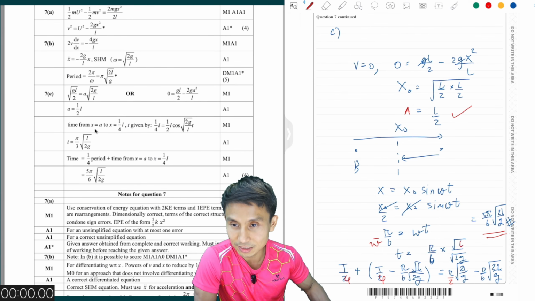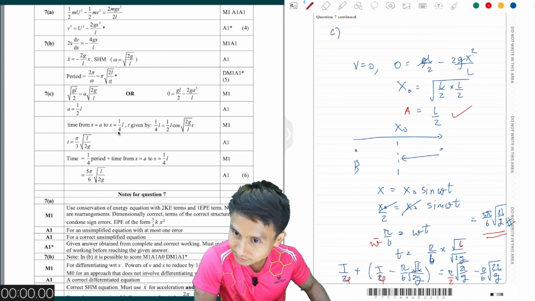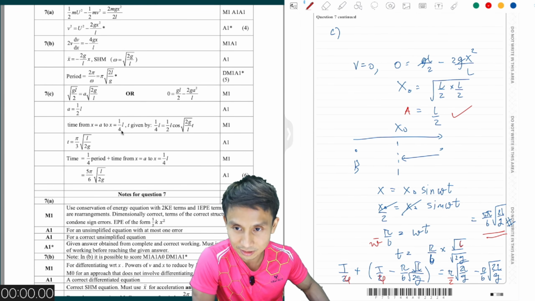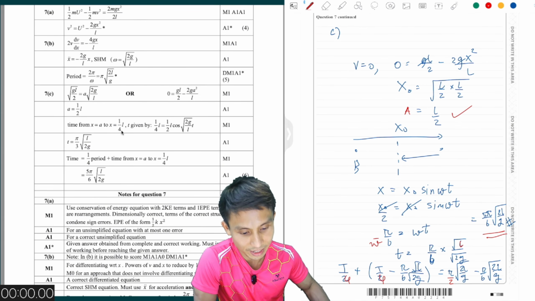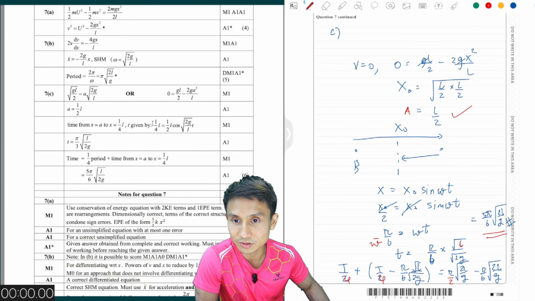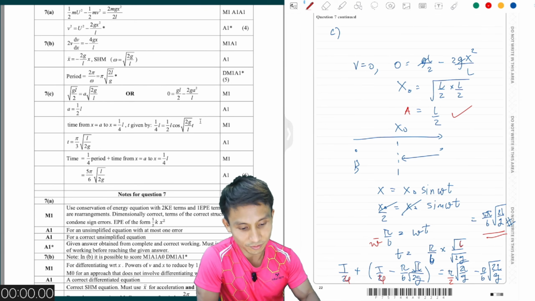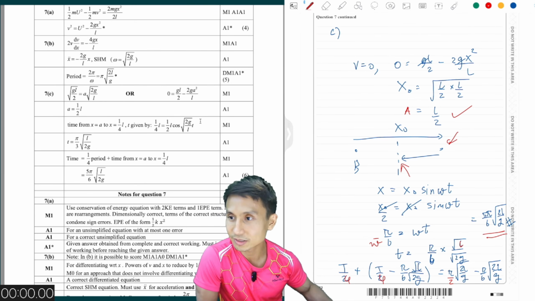Time from x equals a to x equals a quarter L. It's given by that. Okay, so they use the formula to calculate the time directly from this point to this point, right?